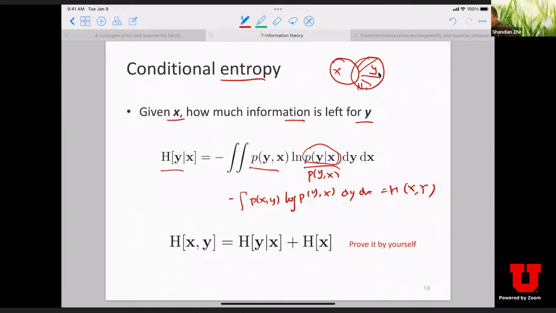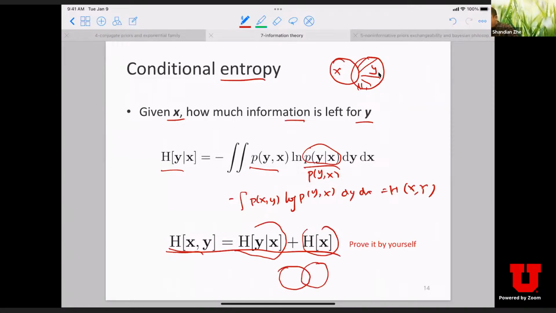There's a very intuitive connection between the entropy, joint entropy, and the conditional entropy. That is, the joint entropy is the marginal entropy of x plus the conditional entropy of y given x. And this can also be represented by these circles.